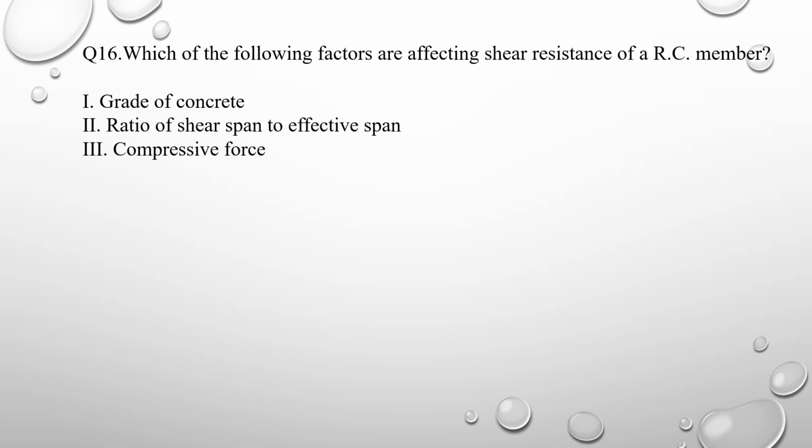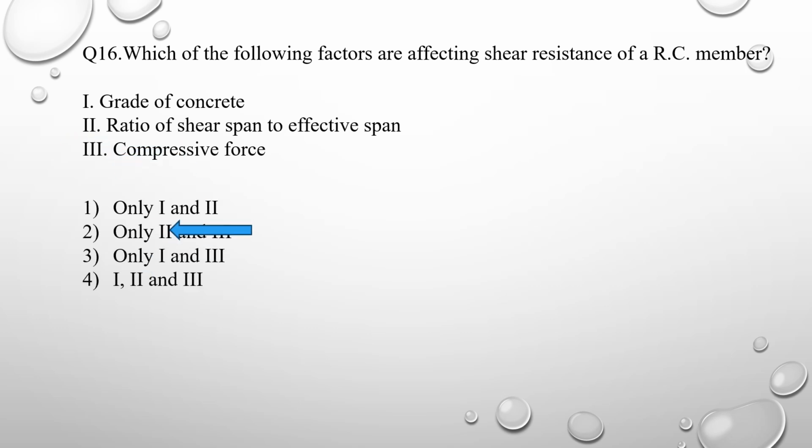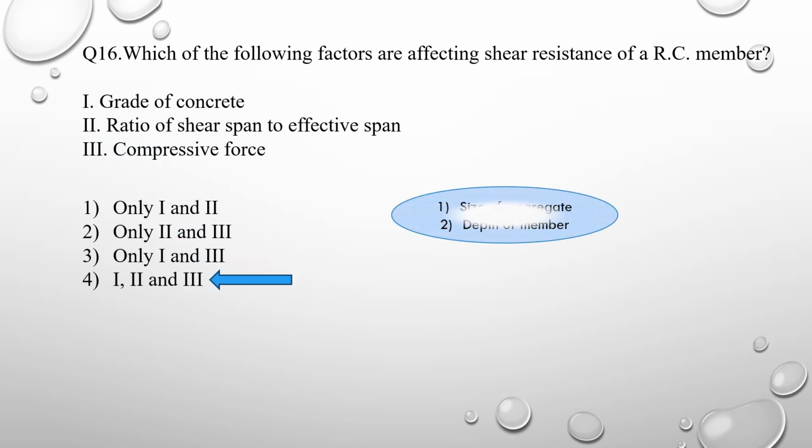Second is the ratio of shear span to effective depth. This also affects the shear resistance. And then compressive force, because in reinforced concrete, concrete is weak or strong in compression, so compressive force is also considered here. So all three options are correct. And also the size of aggregate and depth of member affect the shear resistance of an RC member.